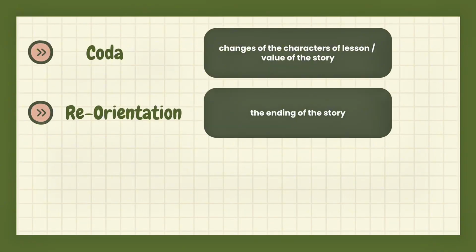Then there is a change in the characters, lessons, or values in the story, indicating a change in the values or lesson of the characters in the story. And the last one is reorientation, which is the ending of the story, stating the final conclusion of the story.